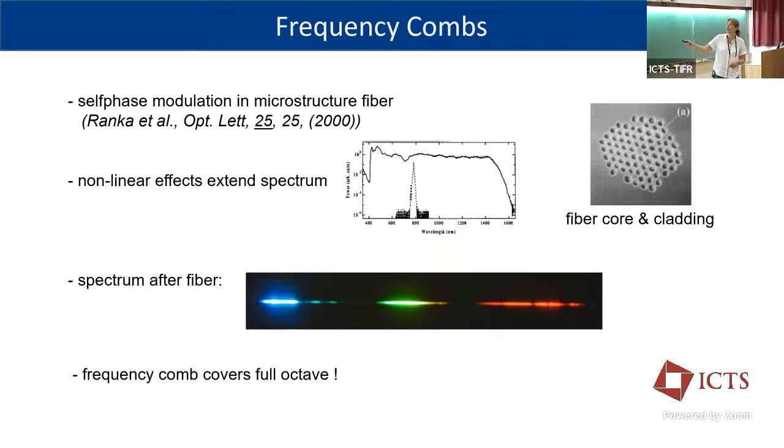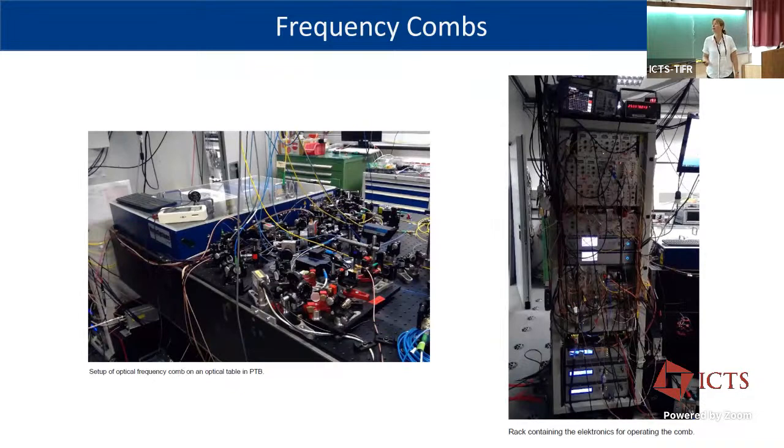After the fiber, the comb is really like a rainbow. You can really get all the colors in. These are nonlinear optical effects in special fibers. And like this, you can stabilize the comb, and you can also then create the comb at different frequencies. You can even lock a red laser onto an infrared comb. So that's really cool. This is how it looks, very messy.